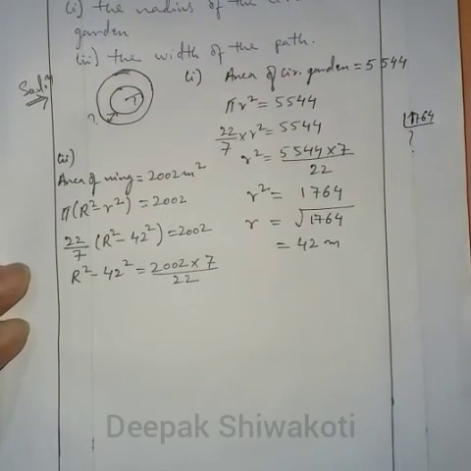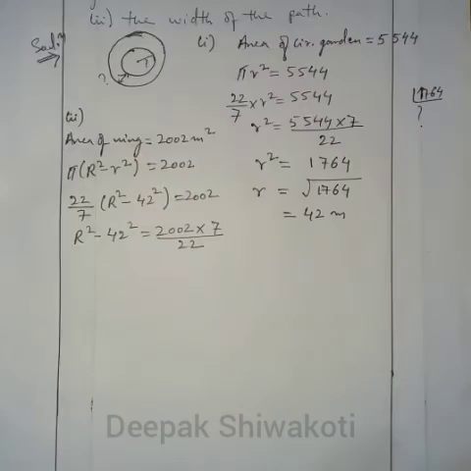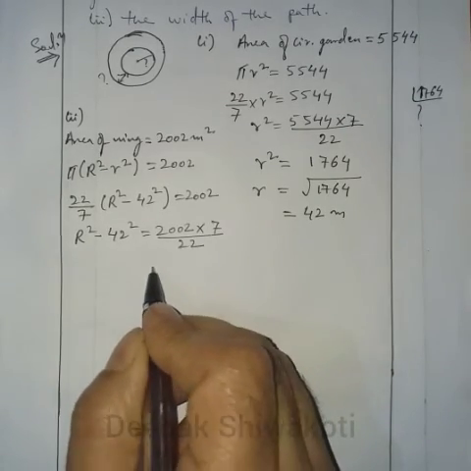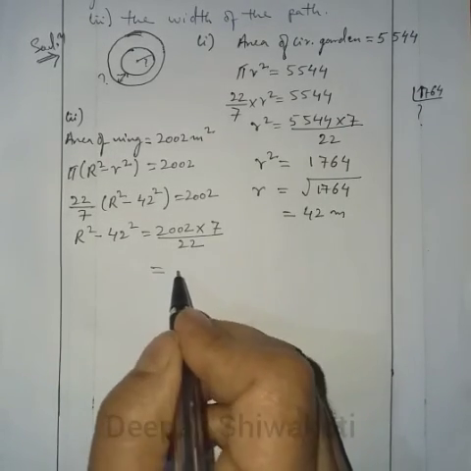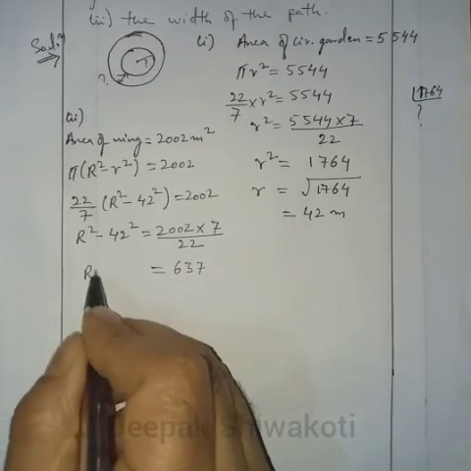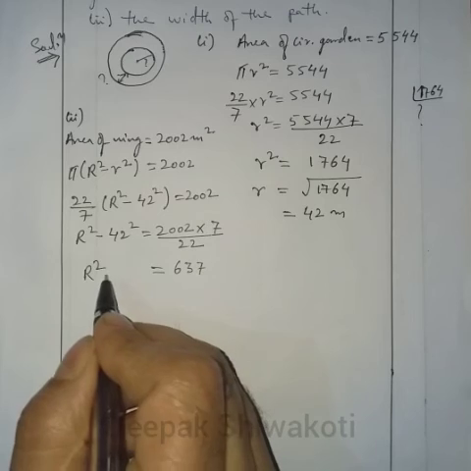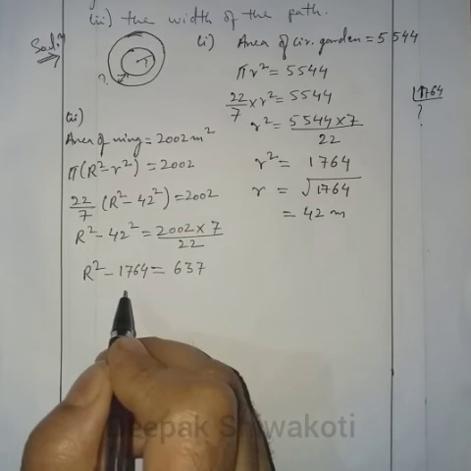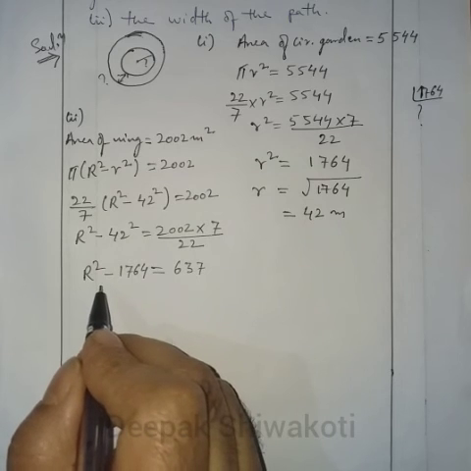Calculating this, we get 637. Square of 42 is 1764. So R² we're going to find.